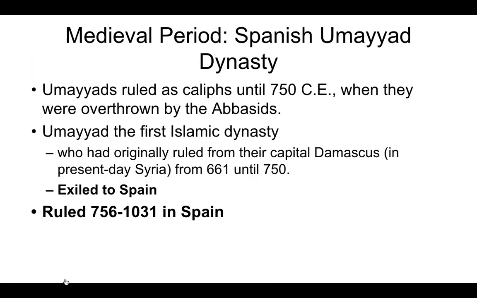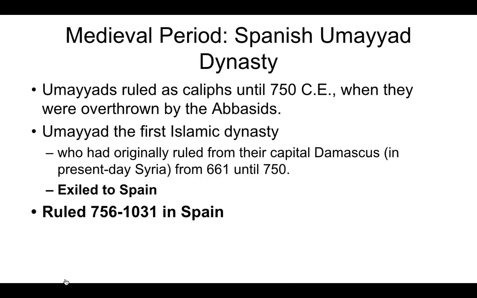So we're going to move to the medieval period of Islamic art and look at the Spanish Umayyad dynasty. They ruled until 750 when they were overthrown by the Abbasids. They were one of the first Islamic dynasties, and they were eventually exiled from Damascus, right?